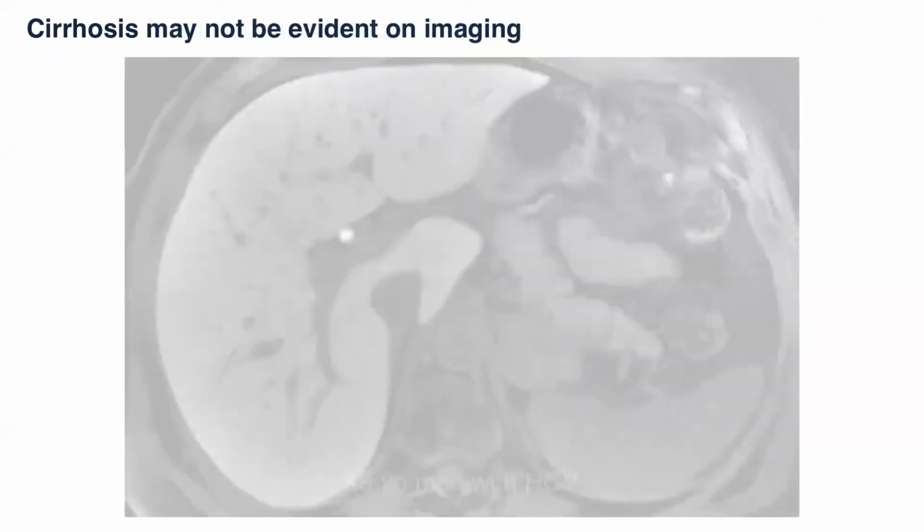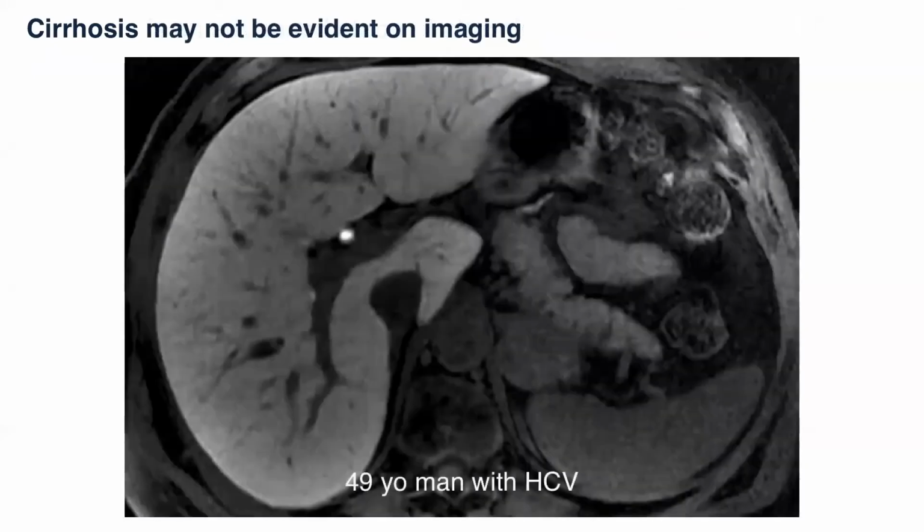But I don't want anyone to think that we can always tell when the liver is cirrhotic on imaging, because although on that previous example we can, sometimes we'll see a liver that looks like this on imaging. This is a 49-year-old man with hepatitis C. And we might wonder whether this liver looks a little too heterogeneous, a little too reticulated, but this could be a normal liver.